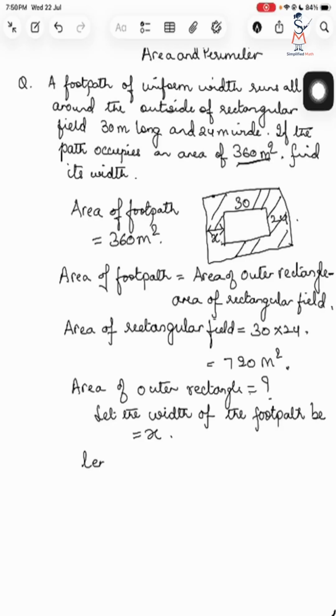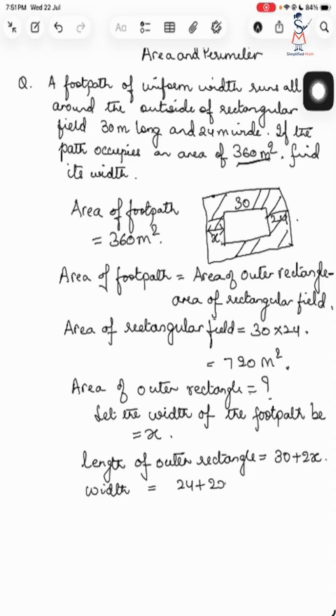So length of outer rectangle will be 30 plus x on both the sides, that is 30 plus 2x, and width of the outer rectangle will be 24 plus 2x. So what will be the area of outer rectangle? Area of outer rectangle will be 30 plus 2x into 24 plus 2x.